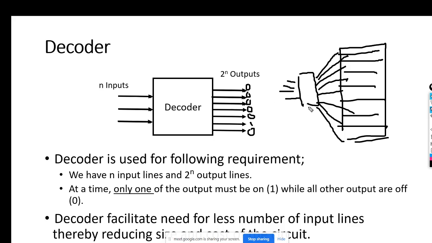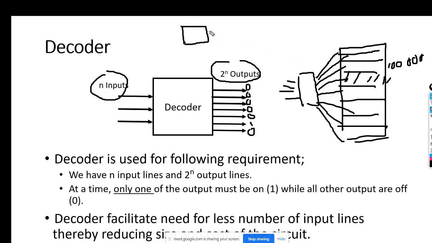The advantage of having a decoder is that we now have fewer inputs and more outputs. For example, take memory and assume 100,000 memory locations. We want to enable which of those locations we want to read, so we have to send a control signal from the CPU to the memory.